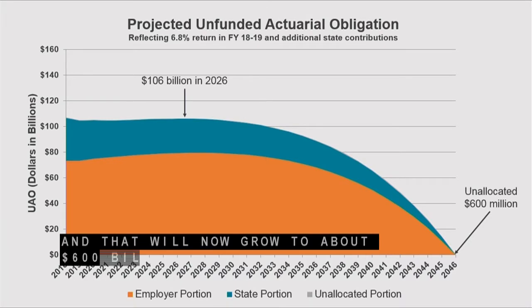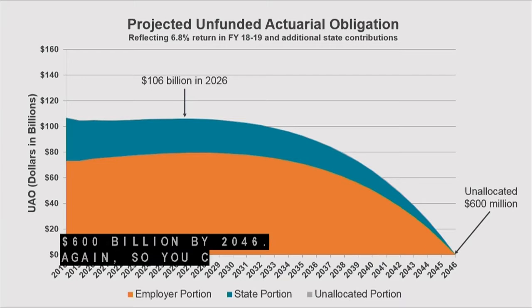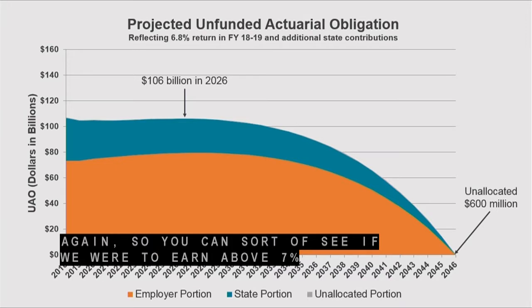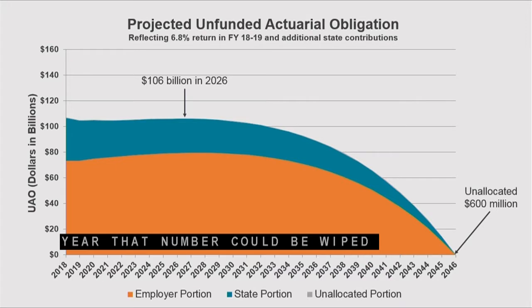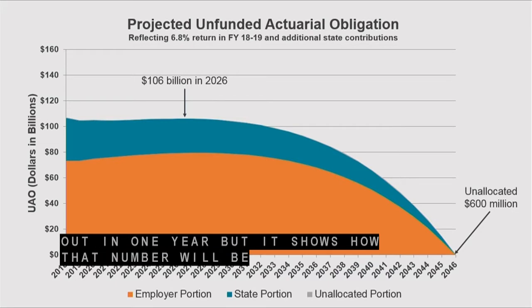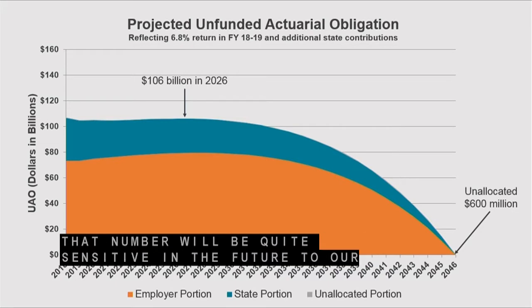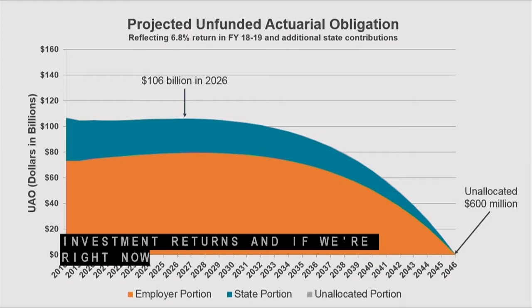Again, if we were to earn above 7% this year, that number could be wiped out in 1 year. But it shows you how that number will be quite sensitive in the future to our investment returns. Since we have no ability to eliminate it, the only way it's going to disappear is if we earn more than 7% on average through 2046.